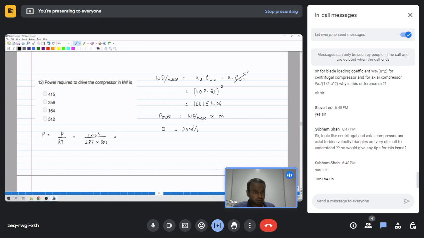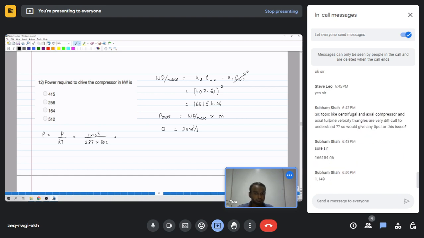So can you compute the value of the density? 1.149 kilogram per meter cube.